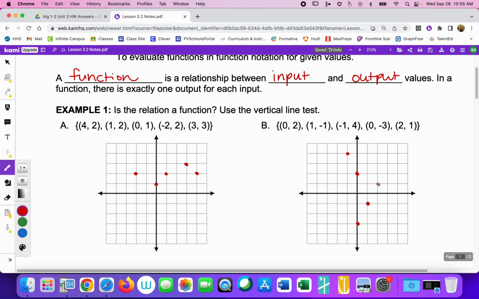You don't have to connect them in any way. Just make sure those are where they end up. So the first one kind of looks like a squiggle shape. The other one, I'm not quite sure what shape that is.